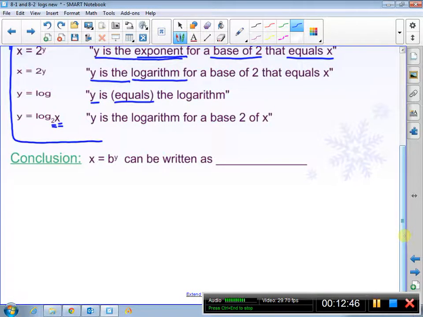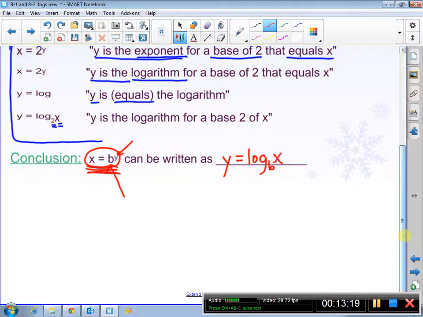What you really need to be good at, and we're going to practice this a lot, is knowing that this x equals b to the y can be rewritten as y equals. So there's your exponent. Exponents are logarithms. Logarithms are exponents. What's our base here? b, subscript, and then that equals x.